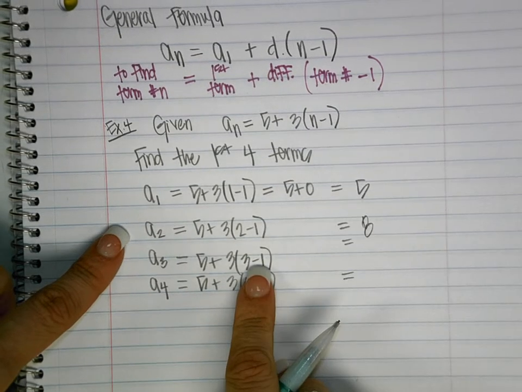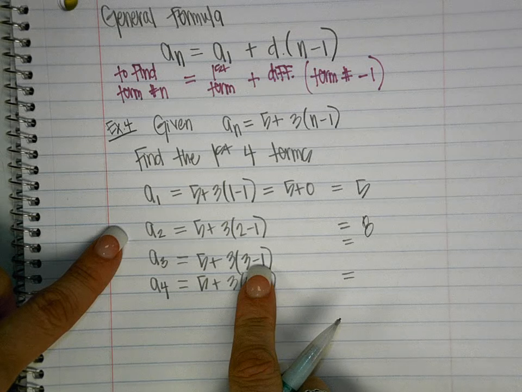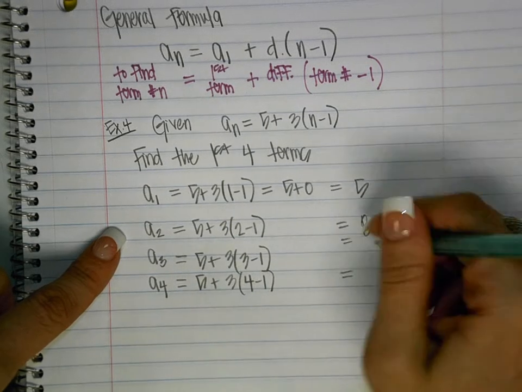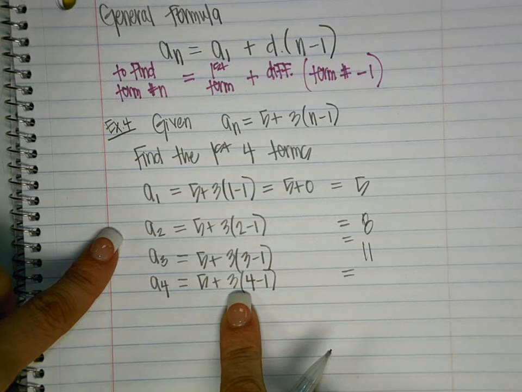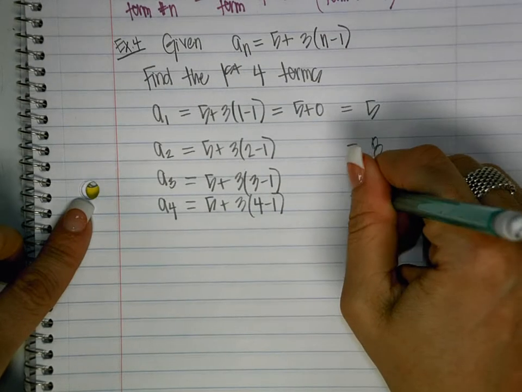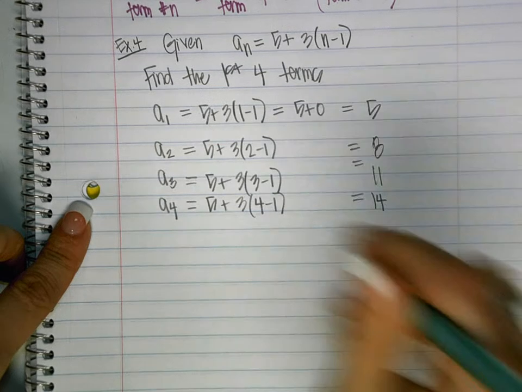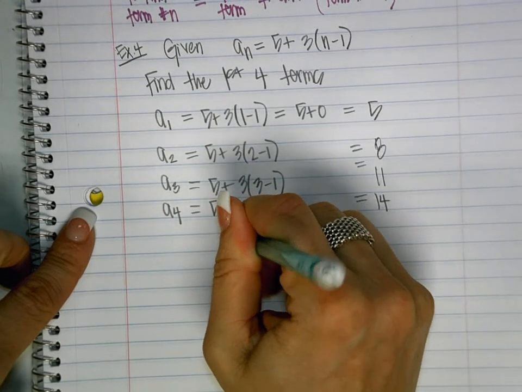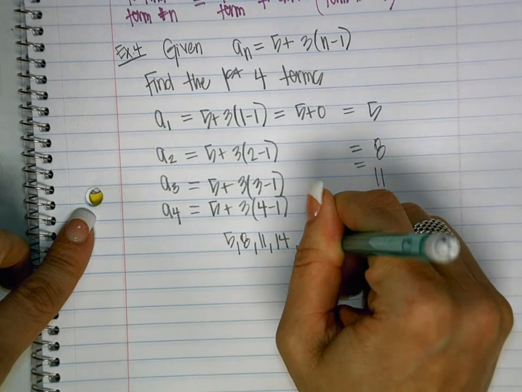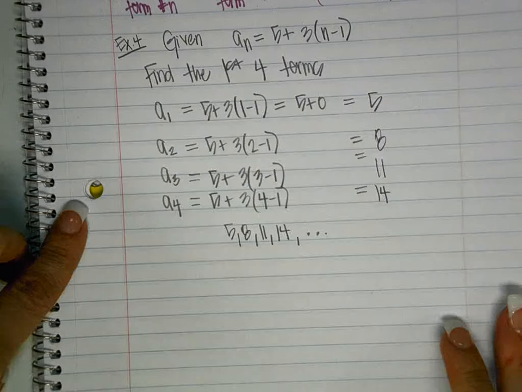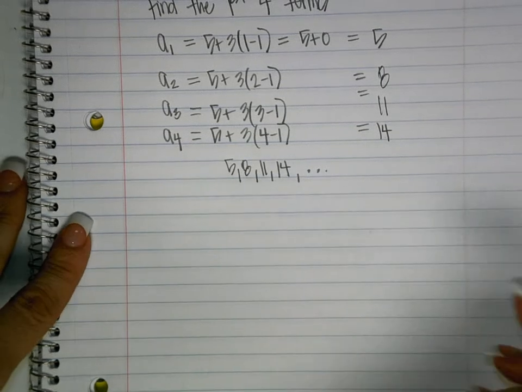Remember you have to do order of operations correctly. 3 minus 1 is 2, times 3 is 6, plus 5 is 11. 4 minus 1 is 3, times 3 is 9, plus 5 is 14. So your sequence is 5, 8, 11, and 14, and they always keep going, so we always put the dot, dot, dot. That's how you find a sequence.